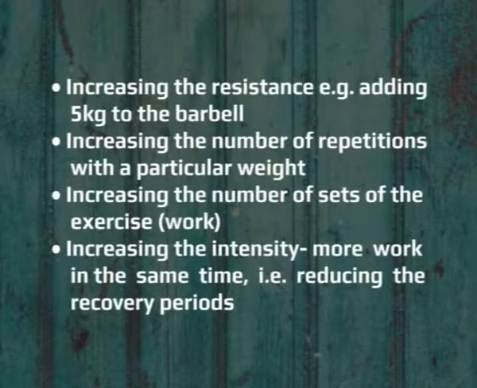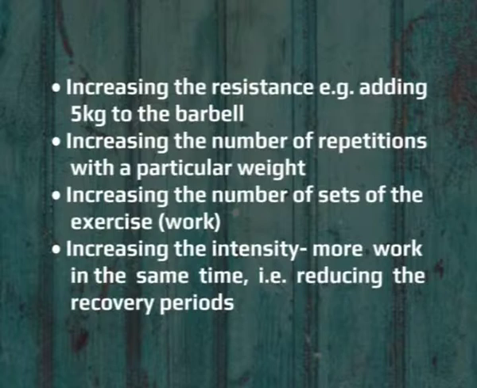A muscle will only strengthen when forced to operate beyond its customary intensity. The load must be progressively increased in order to further adaptive responses as training develops and the training stimulus is gradually raised. Overload can be progressed by: number 1, increasing the resistance, for example, adding 5 kg to the barbell.